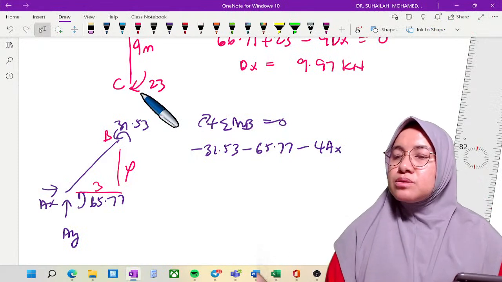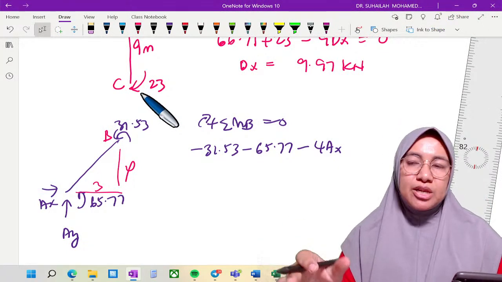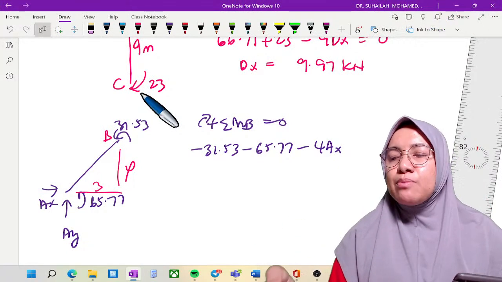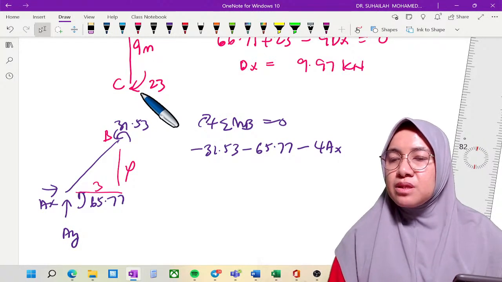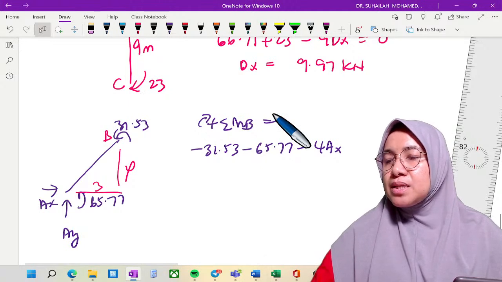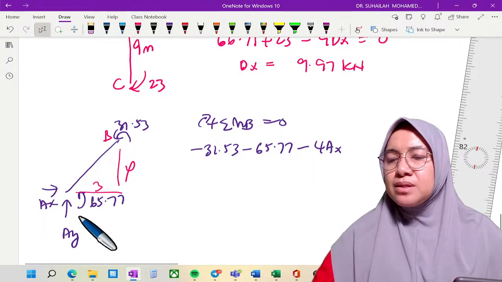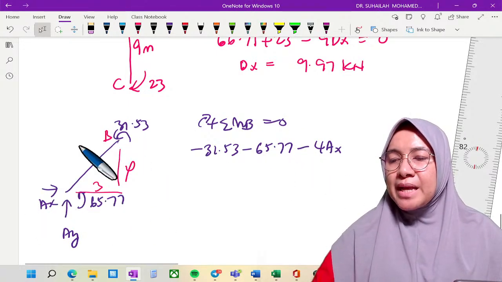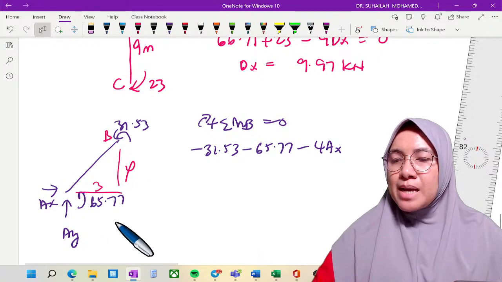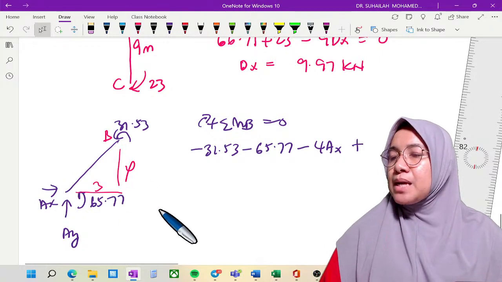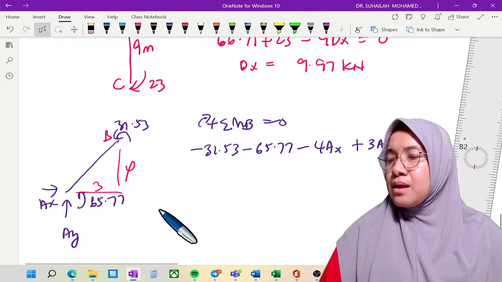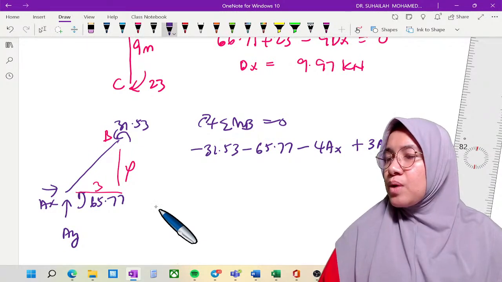Okay, so using static equilibrium, taking moment at B, it is negative 31.53 minus 65.77, negative 4AX and plus 3AY, equal to 0.